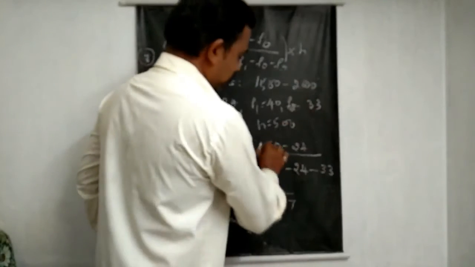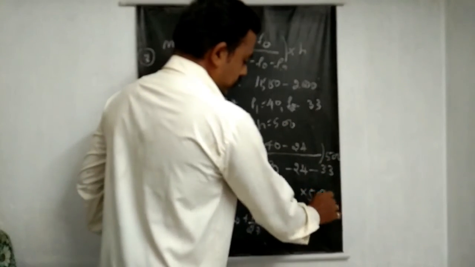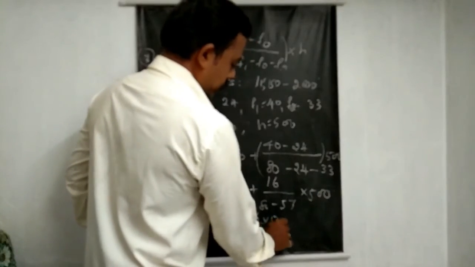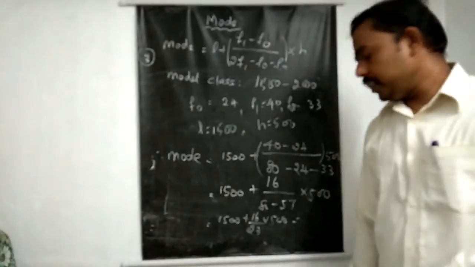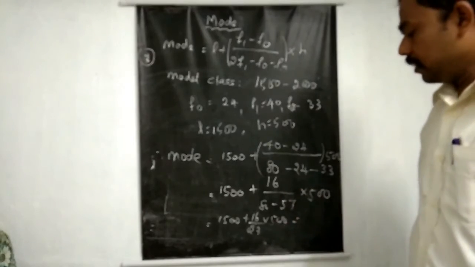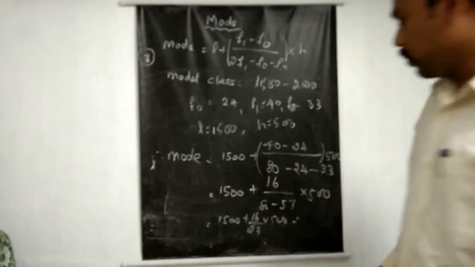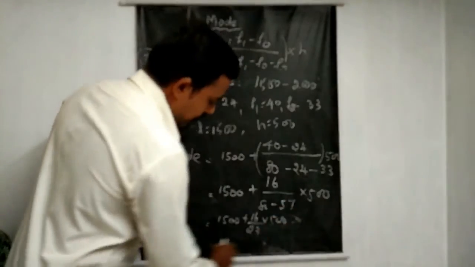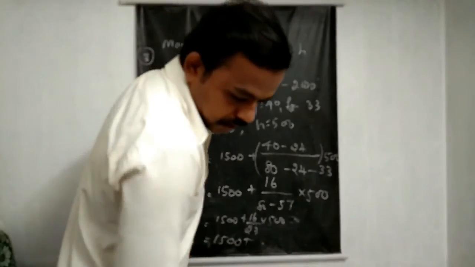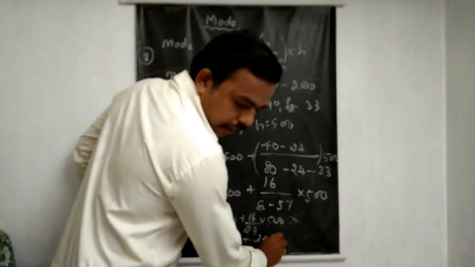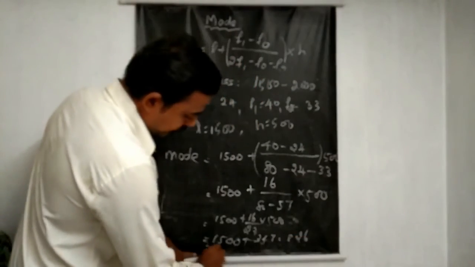After the simplification, because 23 is a prime number, you need to cancel with your 500 and finally add. So you get 1500 plus, I have the answer 347.826. So final addition.